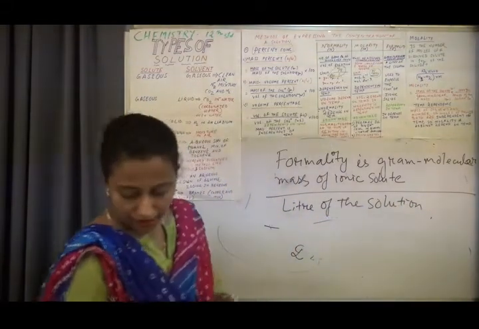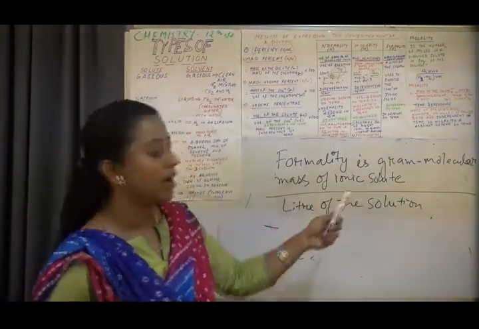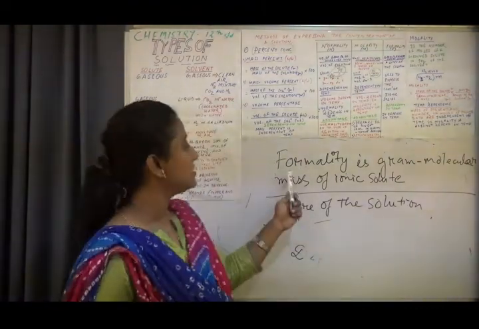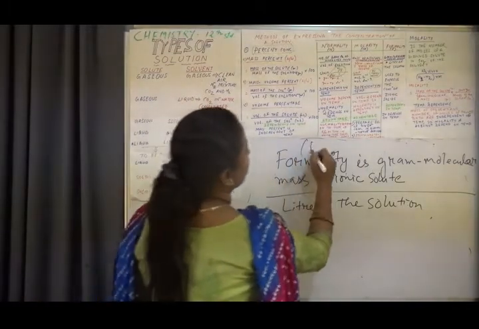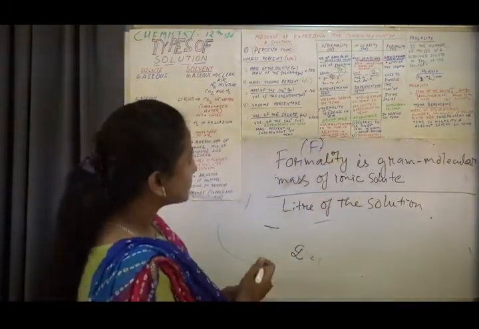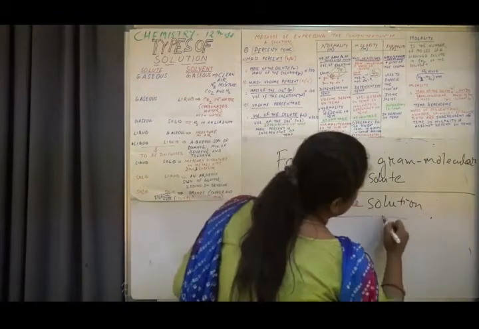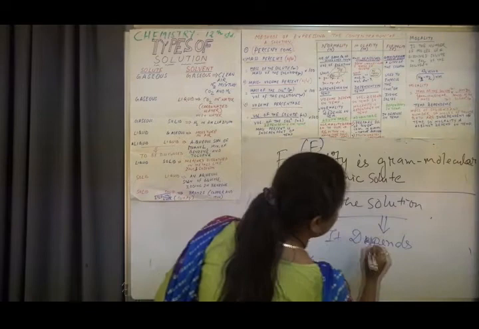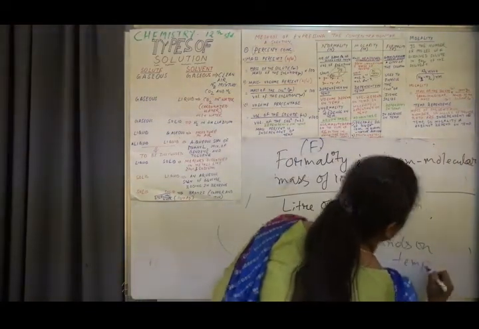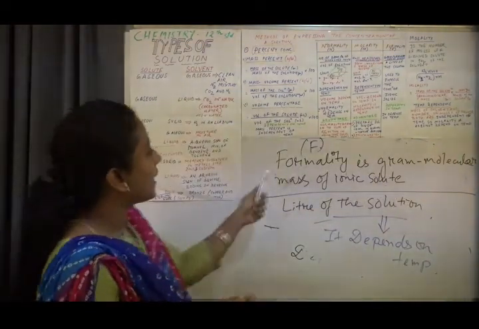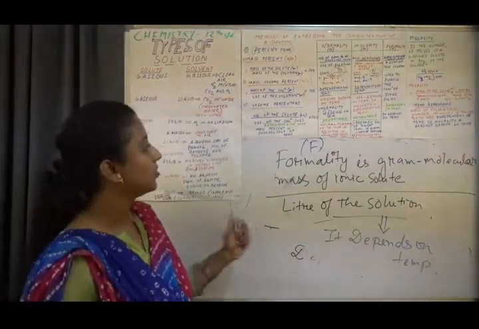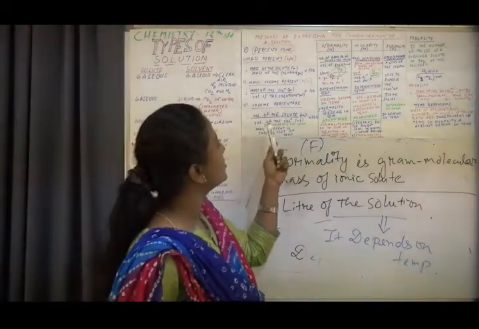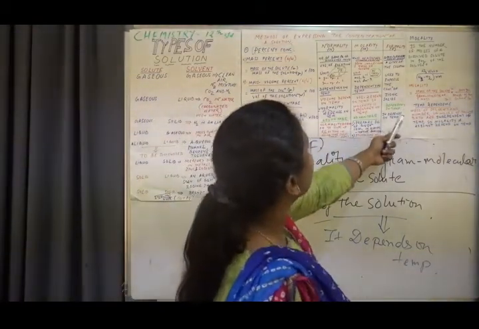So how much gram molecular mass of the ionic solute is present in 1 liter of the solution, that is formality, and it is denoted by F. Is it depending on temperature? Yes, it depends on temperature. It is used for finding the concentration of ionic solutions. So I have covered the 4 terms: percentage concentration, normality, molarity and formality.